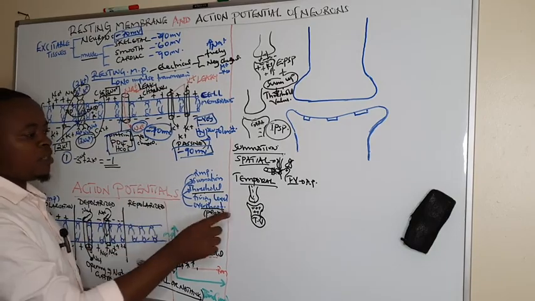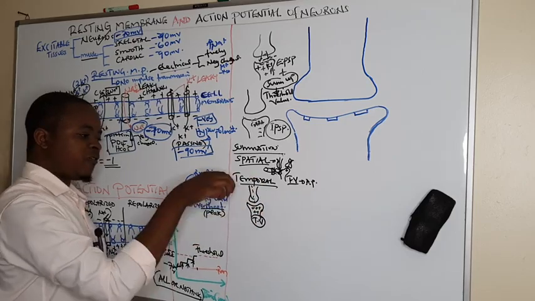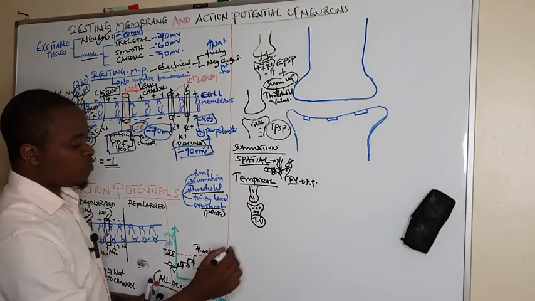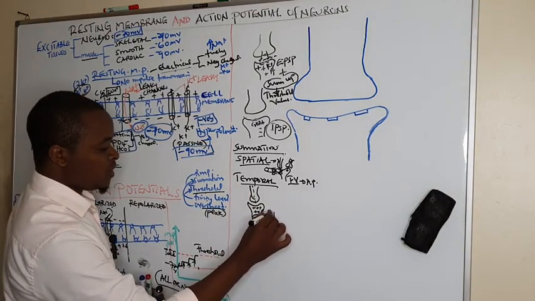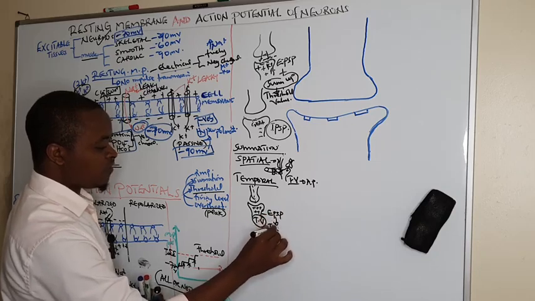The type of summation can either be temporal, whereby one presynaptic neuron keeps firing the one postsynaptic neuron to develop what we call EPSPs, and these EPSPs must sum up to reach the threshold value.